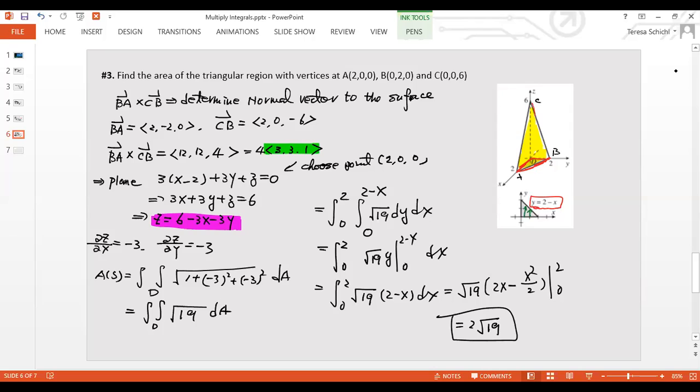After you find the normal vector, you find a point to get the plane. Then you apply the surface area formula, and be careful with your integration regions, right? You always need to integrate out one variable first, and make sure whether that variable depends on the other variable or not. All right. Okay, that's it.